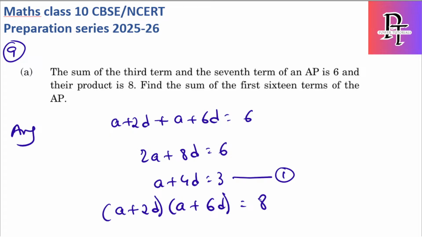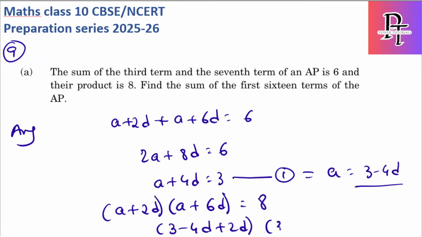Since the product is provided, instead of doing this multiplication, let's use this relation and get the a value. So a now becomes 3 minus 4d. Substitute this value here. So this becomes 3 minus 4d plus 2d, into 3 minus 4d plus 6d, is equal to 8.